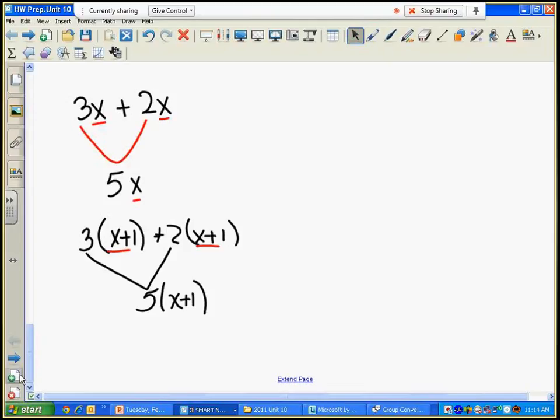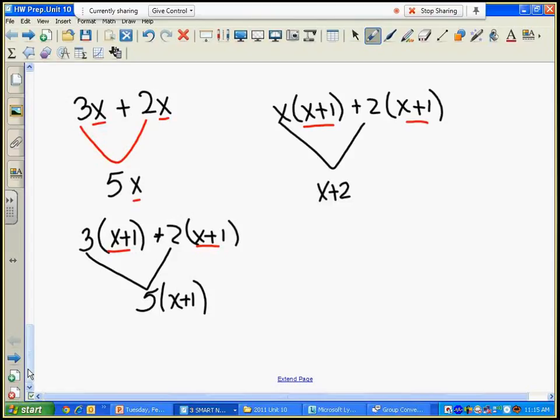Let's say that I have x of those plus 2 of those. Well, they're still the same thing. They're still both x plus 1s. So just like the 3 and the 2, I should be able to add the x and the 2 together and get x plus 2 of those. Okay? Now we're going to use this logic in a moment.